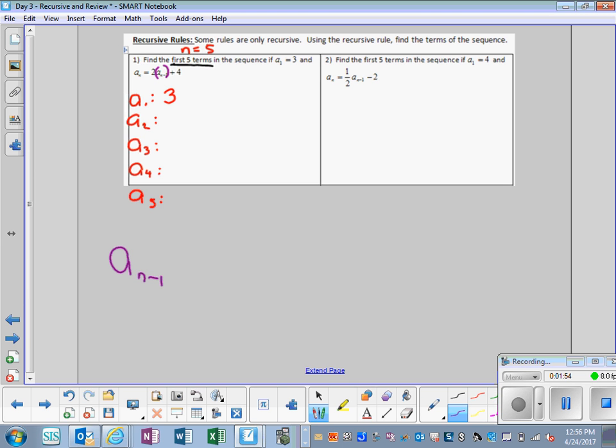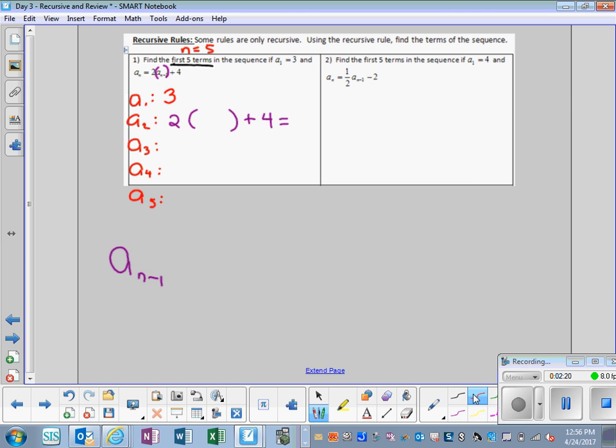So this is my rule: 2 times the number before plus 4. Because if it's a sub n minus 1, well, 2 minus 1 gives me a sub 1, so it is the number before. For a sub 3, it would be 3 minus 1, which is 2, so it's the number from the second one, and so on.